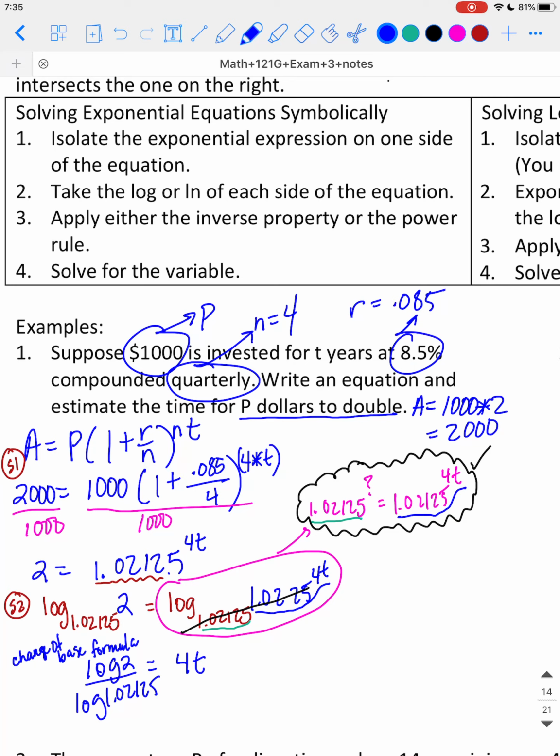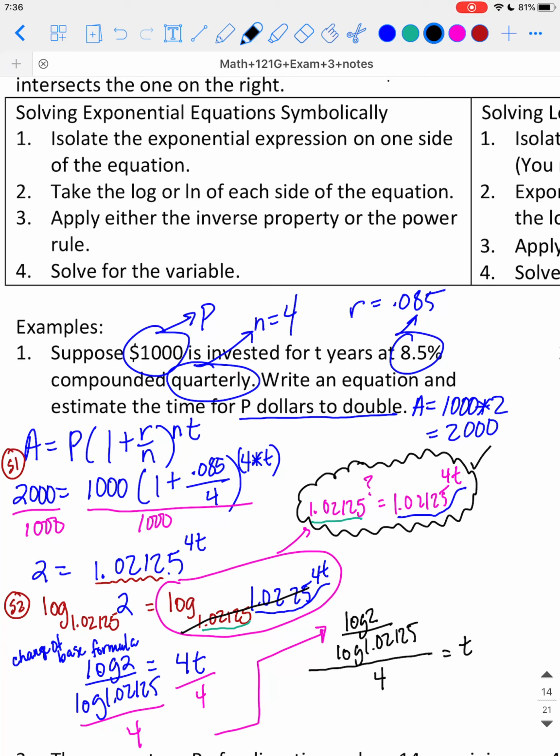And so the 4 and the t are multiplying. So to get rid of a multiplication, you're going to divide both sides by 4. And so my exact answer for t is log of 2 divided by the log of 1.02125, all of that divided by 4 is going to be equal to t.